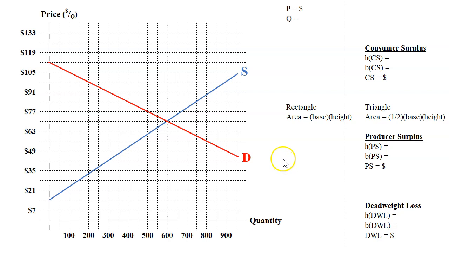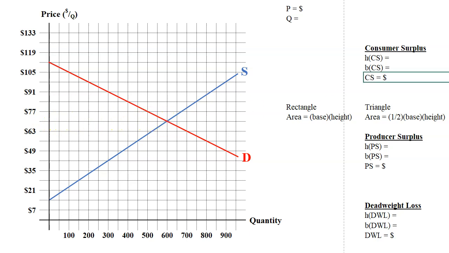Now, if no authorities, if no organizations are enforcing some kind of artificial price, if this is a free market and the forces of supply and demand are allowed to determine the price of the product, whether it's a good or a service, then the price here is going to be the equilibrium price, which is here 70.